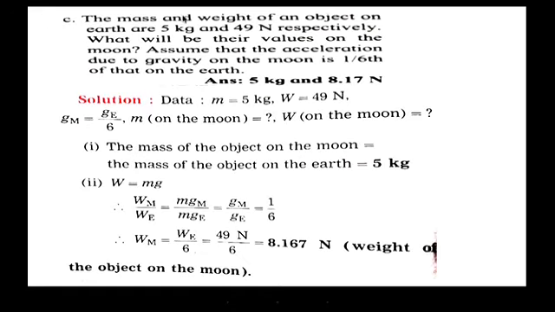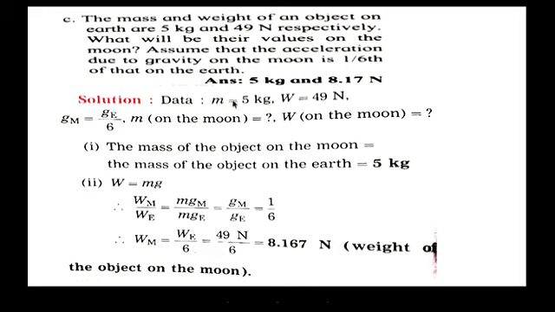Third, the mass and weight of an object on the earth are 5 kg and 49 Newton respectively. Okay, so mass of an object is 5 kg and weight of the object is 49 Newton. What will be their values on the moon? Assume that the acceleration due to gravity on the moon is 1/6 of that on the earth.